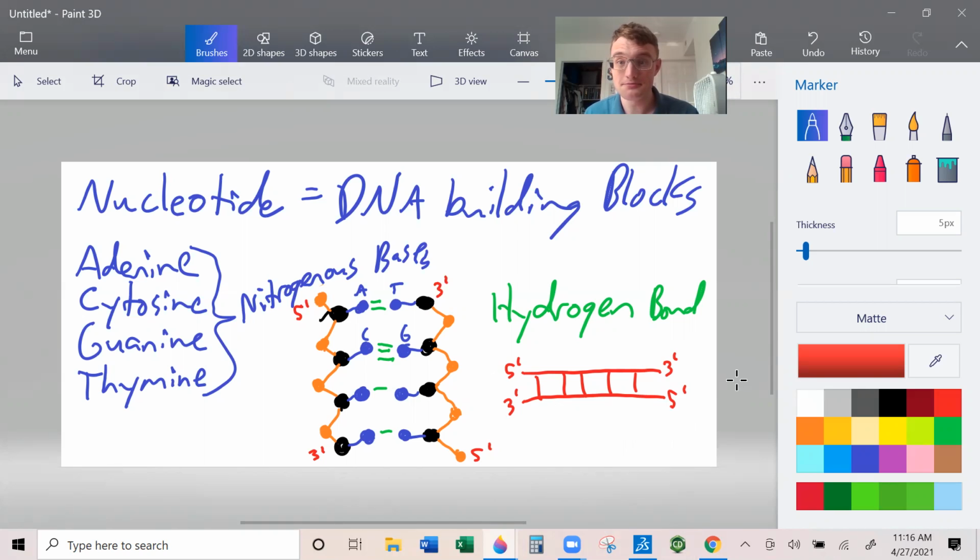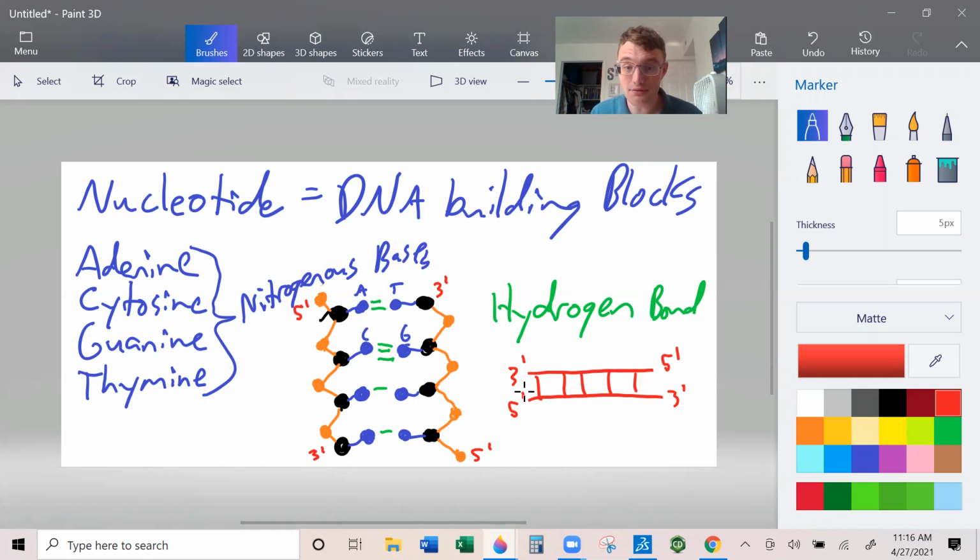Okay, and note, we call them 5' and 3', not left and right. Left and right are completely arbitrary terms. So people get into the bad habit of thinking 5' is always going to be in the upper left-hand corner. That is not true. If I were to draw it like this, that is a perfectly valid DNA molecule.